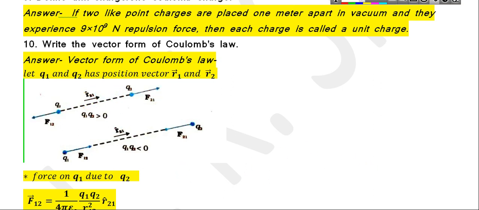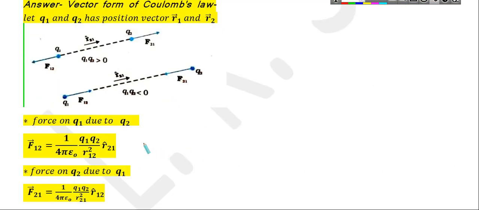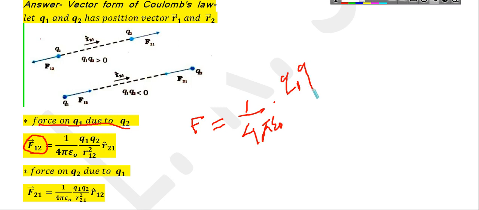So see here the vector form of force on Q1 due to Q2. So F12, this is the force, and the formula for the force in scalar form is 1 upon 4 pi epsilon naught Q1 Q2 upon r square.